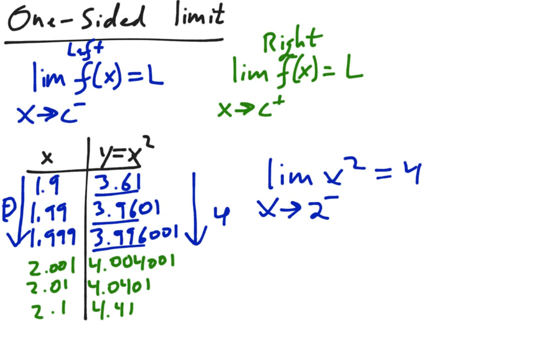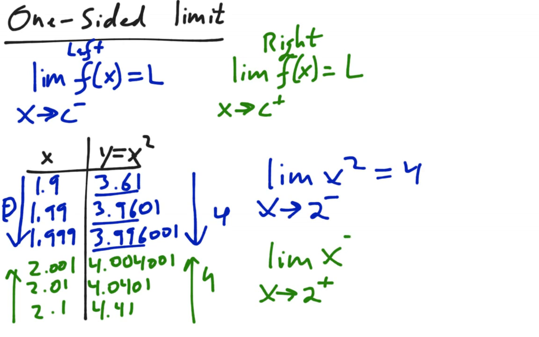Okay, we know that from before. And similarly, the green, okay, if we approach from the right, 2.1, etc., then these numbers are also approaching 4. And so we can say that the limit as x approaches 2 from the right, that's the positive, of x squared equals 4. The big note here is that these two limits are the same.